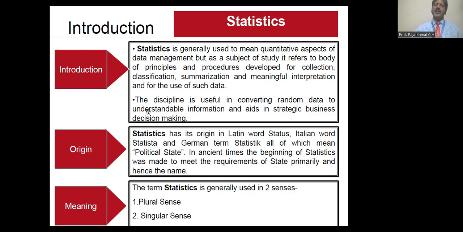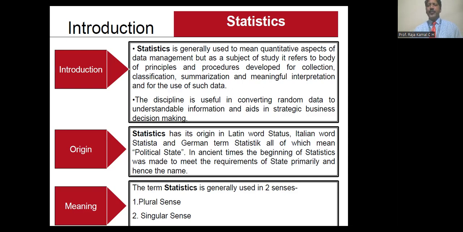The origin of statistics: it is a Latin word, which in Latin we call status. It is an Italian word called statista, and in German we call it statistik. Whatever name you call it, status, statista, or statistik, it all means political science.